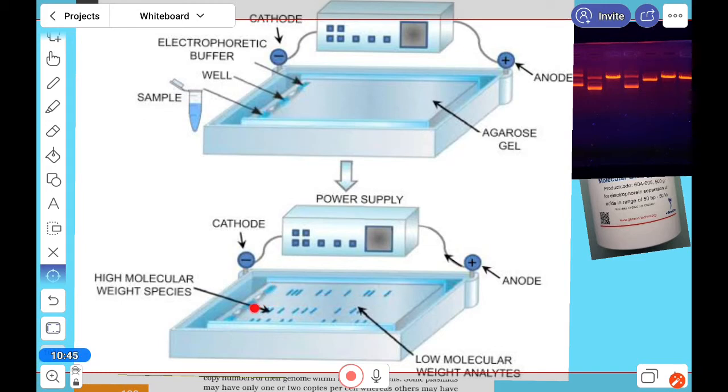Only the low molecular weight, small fragments can reach far, so they are separated lengthwise and molecular weight wise, and from that we can understand, and we can easily get the fragments. So that is gel electrophoresis.